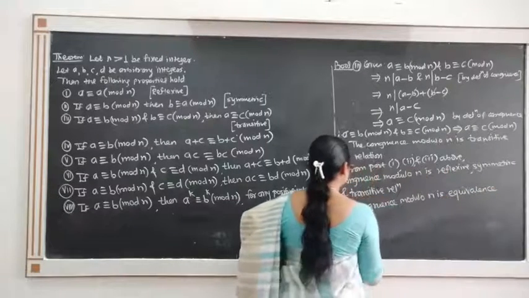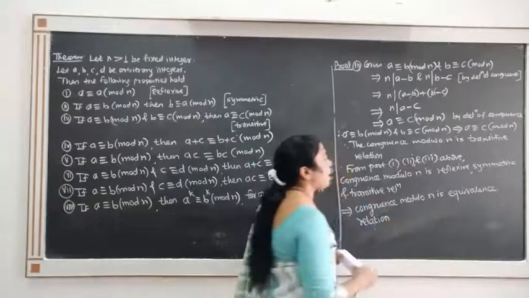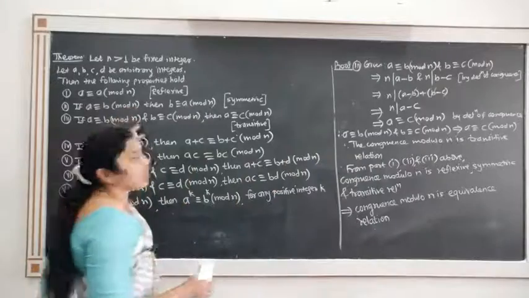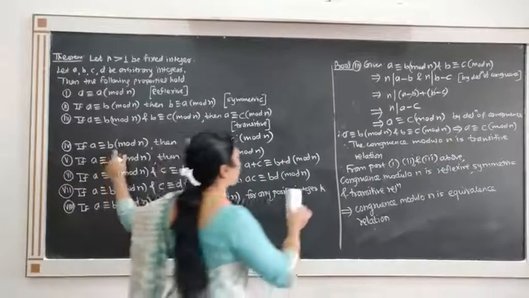So we have proved the first three parts, and the first three parts together give us that congruence modulo n is an equivalence relation. Now consider the fourth part.